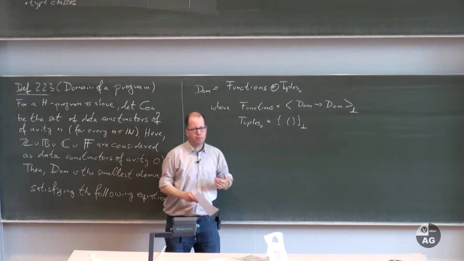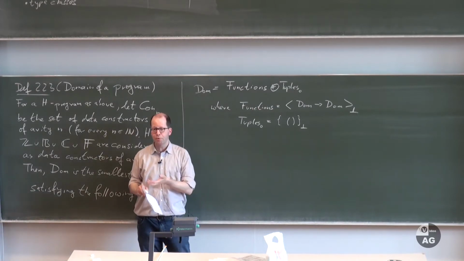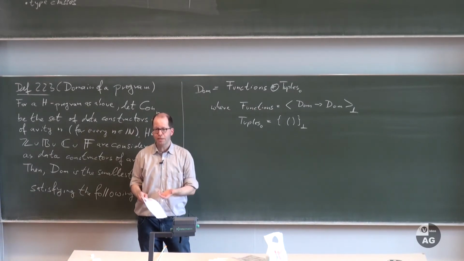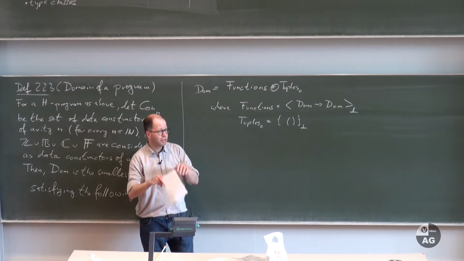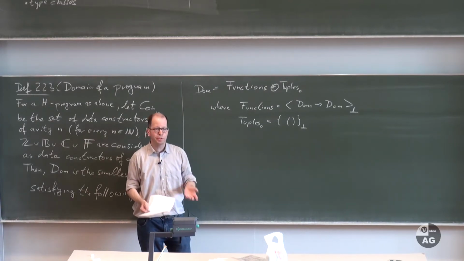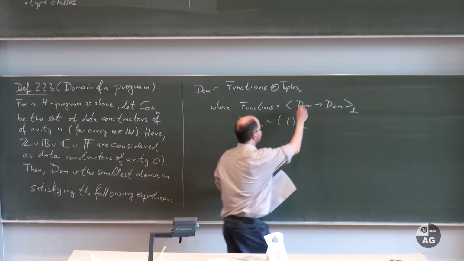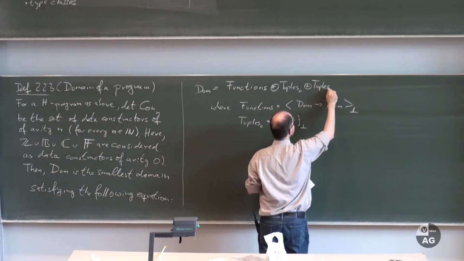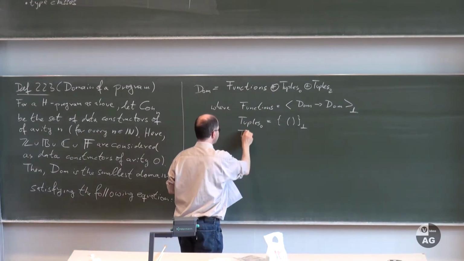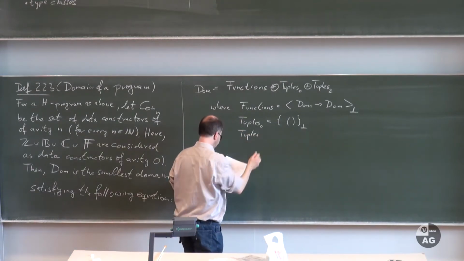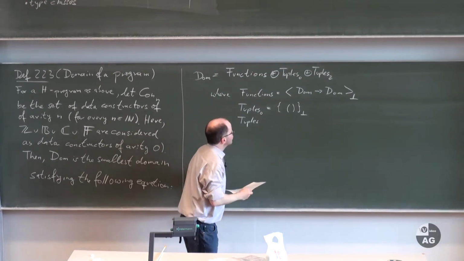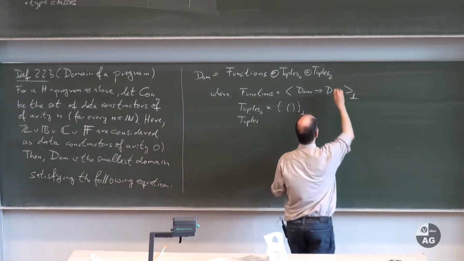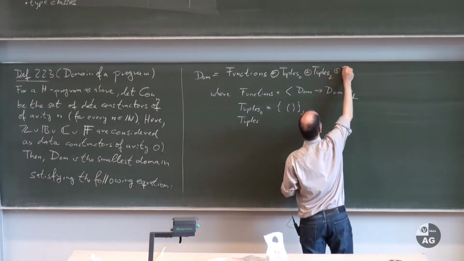Tuples 1 we don't need because the semantics of a tuple with 1 component is the component itself. So there is no difference between an expression in brackets and the same expression without brackets. But tuples with 2 components, this is something we need. Not only tuples with 2 components, but also with 3 components and so on.